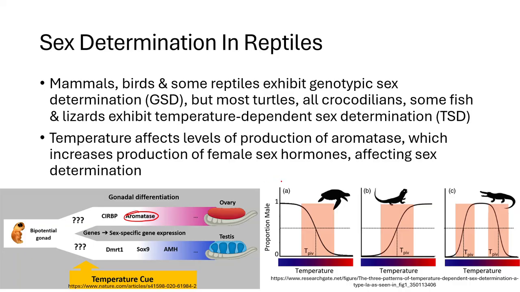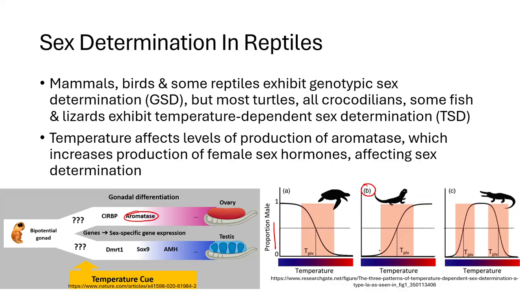Now, this temperature determination can be different in different species. So, for example, this graph is showing the proportion of males you have at different temperatures. And this shows that colder temperatures for turtles will tend to produce more males, and hotter temperatures will tend to produce more females. In B of this graph, that's a tuatara, which is distantly related to lizards.